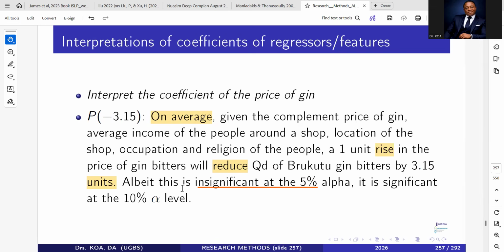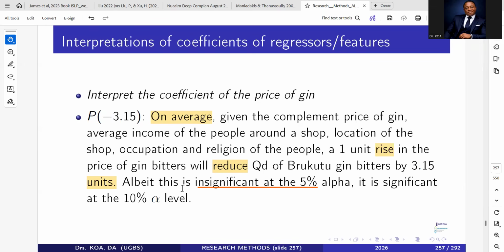So, will you be able to interpret any variable that is dynamic like price? For example, complement price, income. Would you have been able to interpret a coefficient of income?